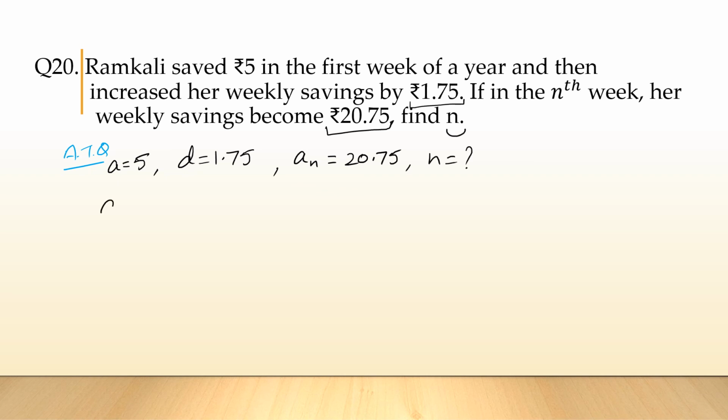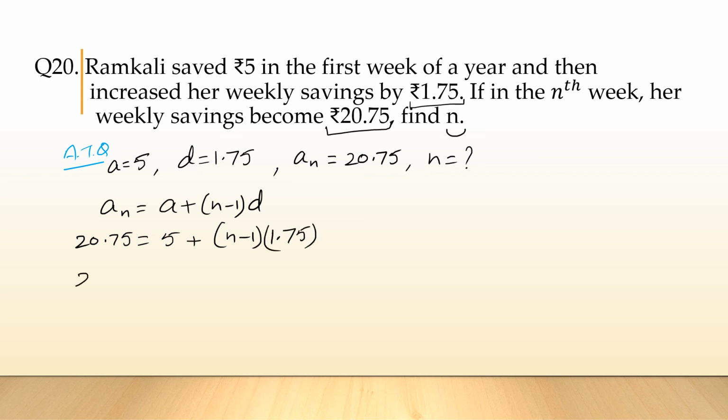Let's use the formula for the nth term, which is a plus n minus 1 times d. This is 20.75, the first term is 5 and the common difference is 1.75.